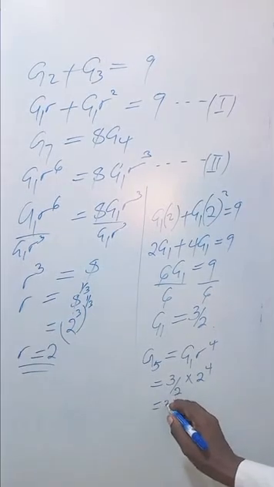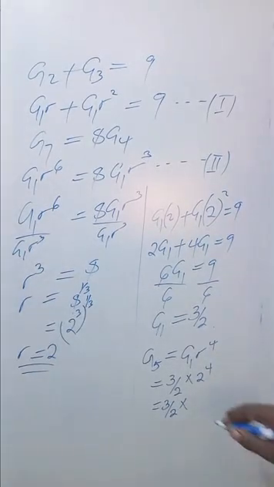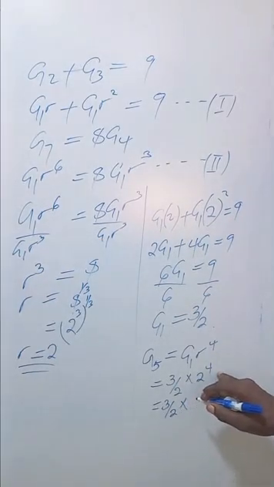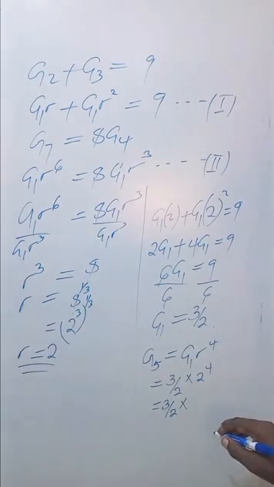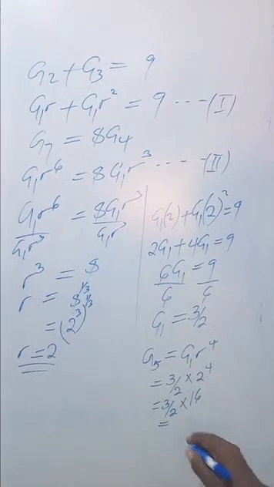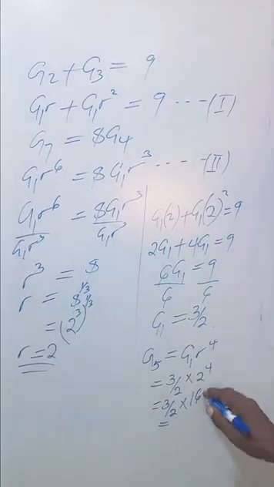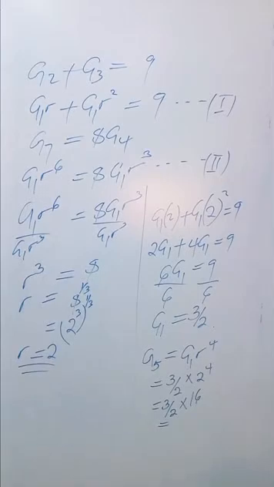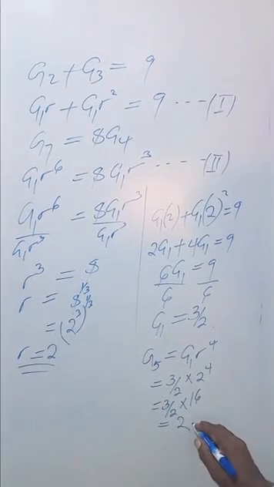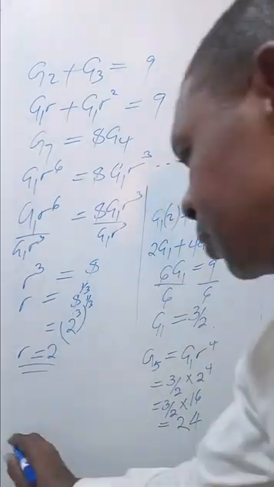This gives us 3 over 2 multiplied by 2 raised to power 4, which is 16. So here we have 16 divided by 2 is 8. 8 times 3 gives us 24.